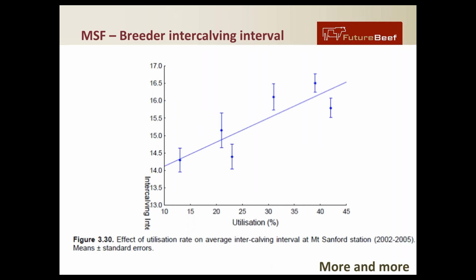And in the heavier utilisation rates, such as the 42% and the 35% utilisation rates, the cows took longer and longer to get back in calf, which meant that they were having calves later and later, which meant that those breeders were eventually dropping out of the system. Also, they weren't in good enough condition to get quickly back in calf after giving birth at the right time of the year.